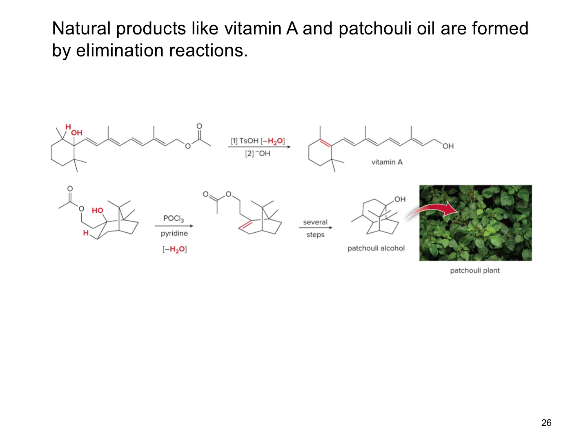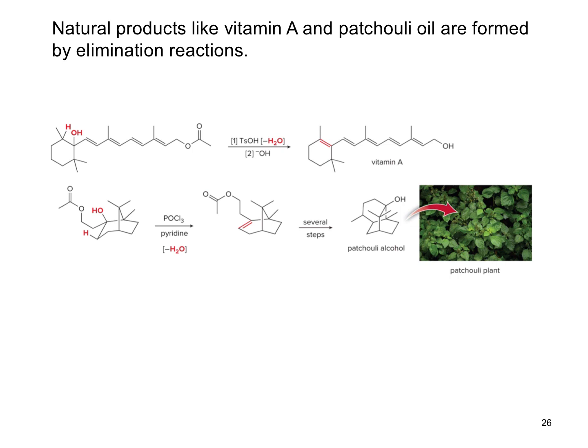If you were trying to synthesize vitamin A and this was your precursor, then a strong acid is what is used here. But here, where we're trying to make patchouli, we see POCl3 being used. So both of these are used in natural product synthesis.